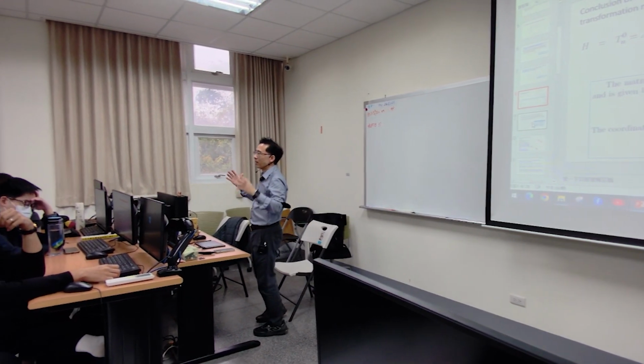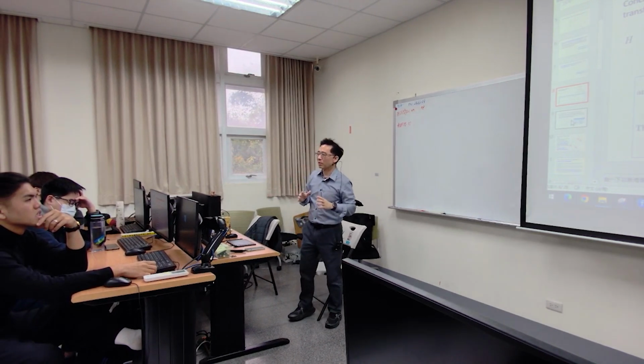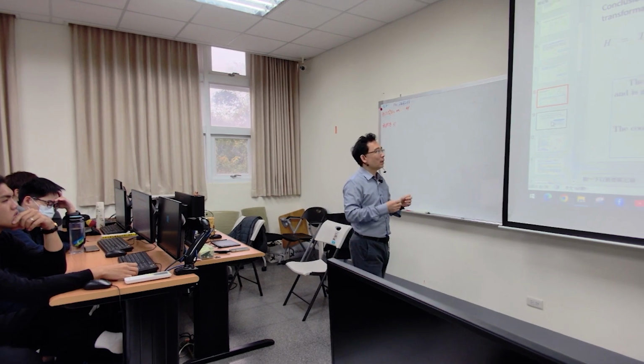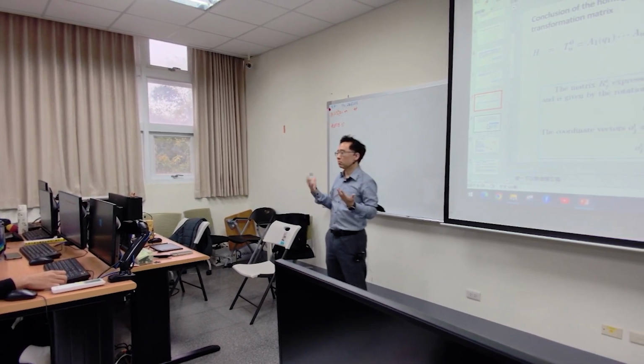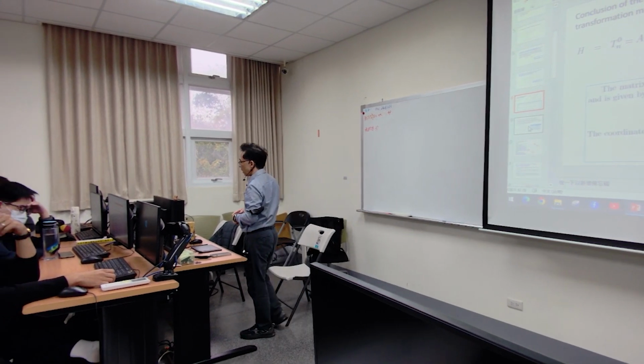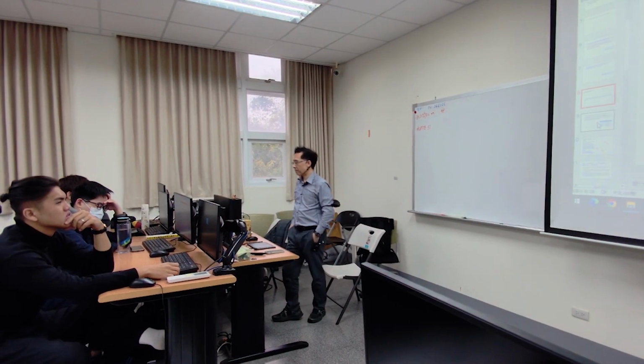So let's have this kind of relationship. When I just describe what the A_i matrices and the T_i matrix stand for, we don't really have a concept for that yet.